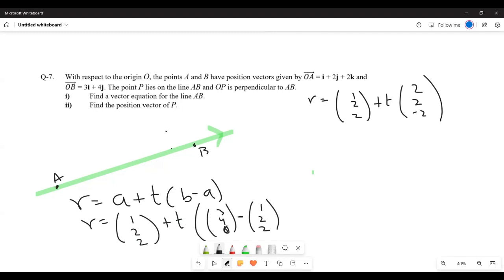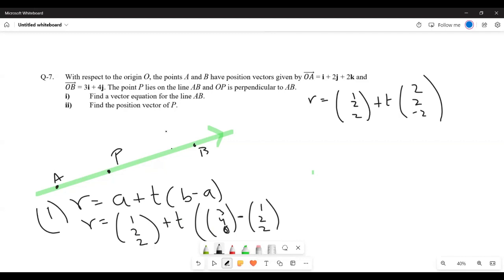Point P lies on AB. P is somewhere over there. And OP is perpendicular to AB. Find vector equation of AB. So we're done with part 1. And find the position vector of P. Now how do we do this? If OP is perpendicular to AB.